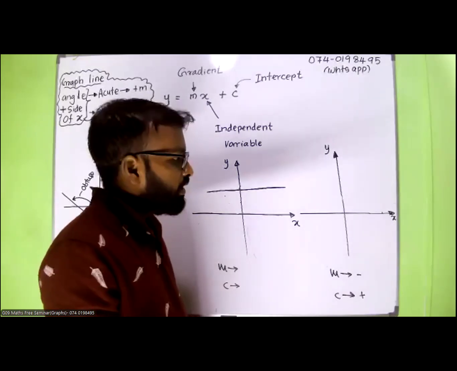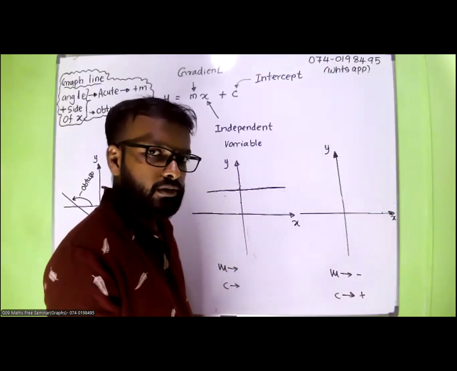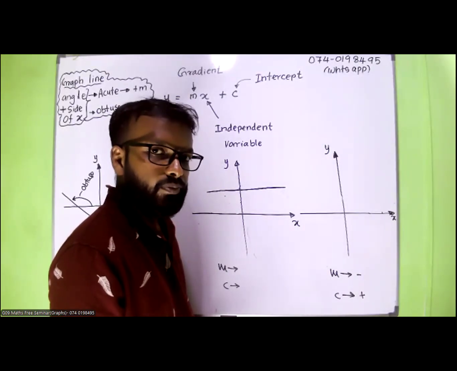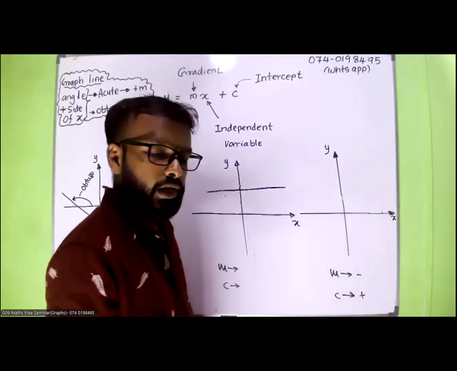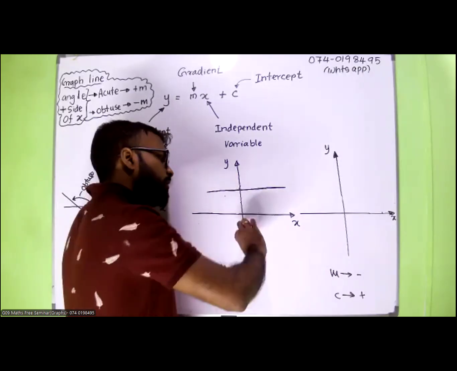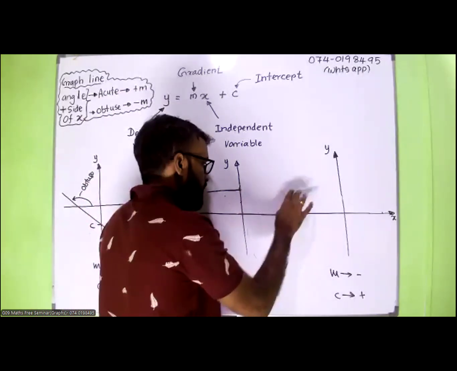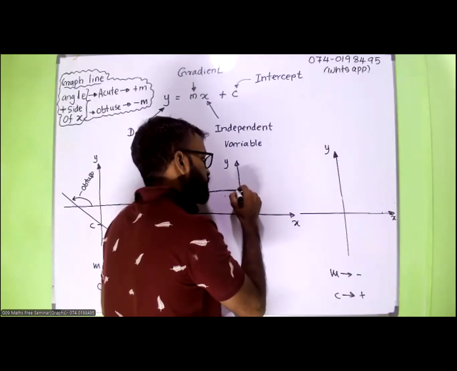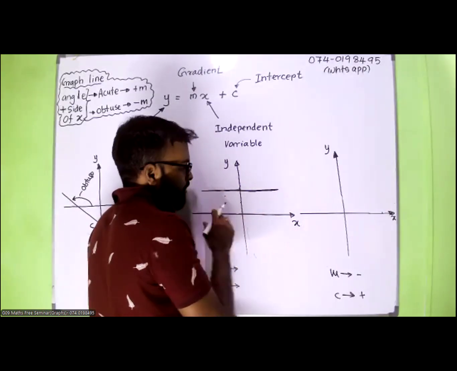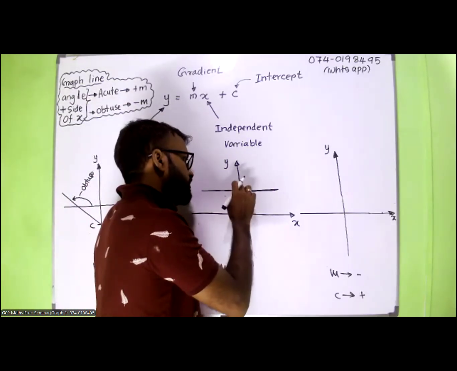Can you find any subtended angle of your graph line with the positive side of the x-axis? Because this line is parallel to x.